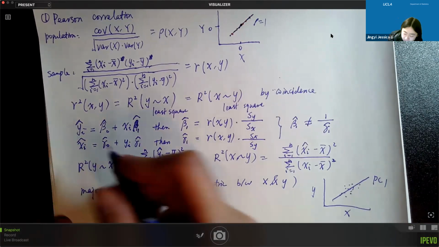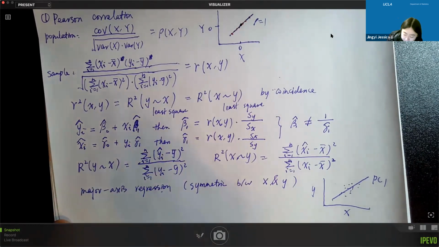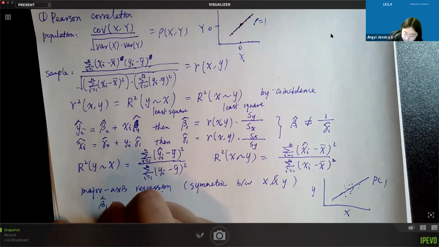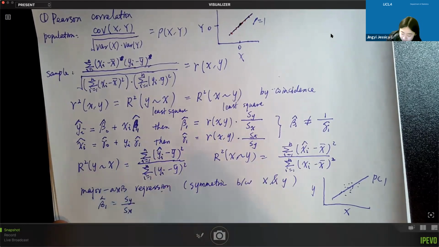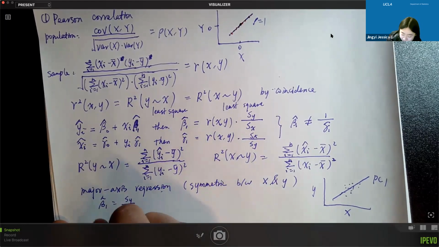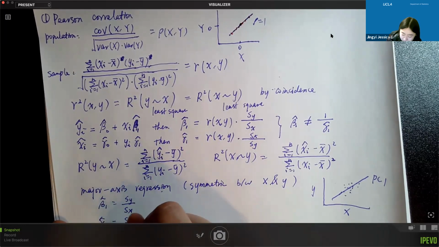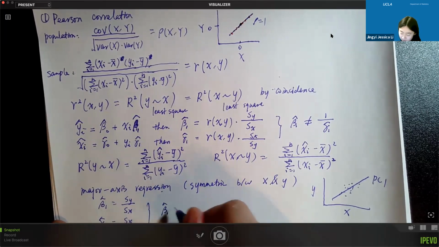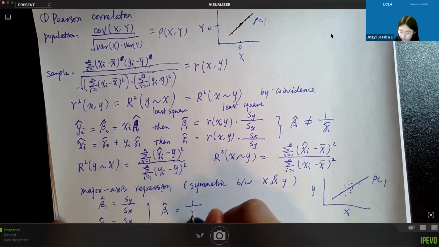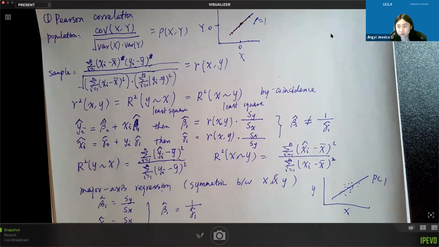So in this case, beta 1 hat would just be Sy over Sx, and gamma 1 hat is just Sx over Sy. You can clearly see that beta 1 hat is just the inverse of gamma 1 hat, so you get the relationship you want for the same regression line.